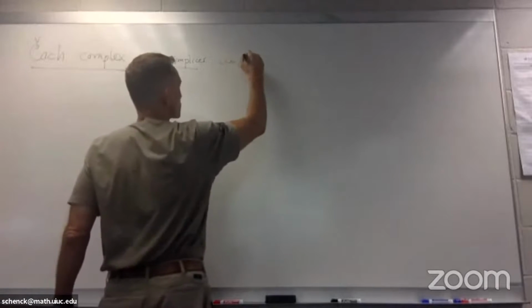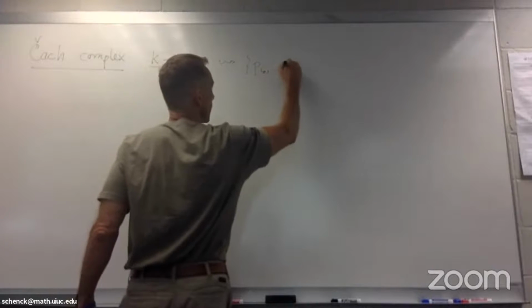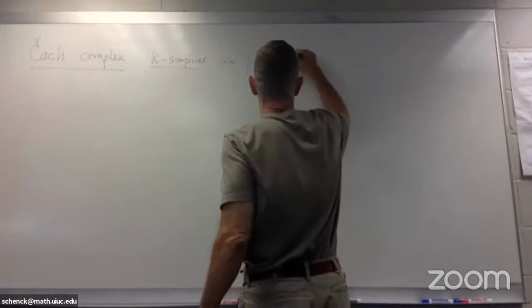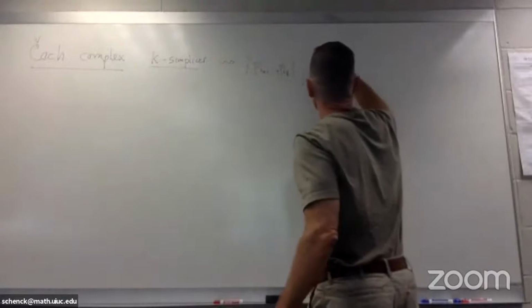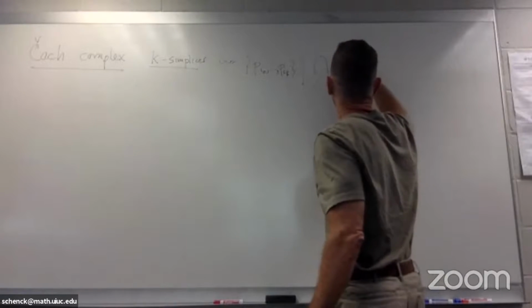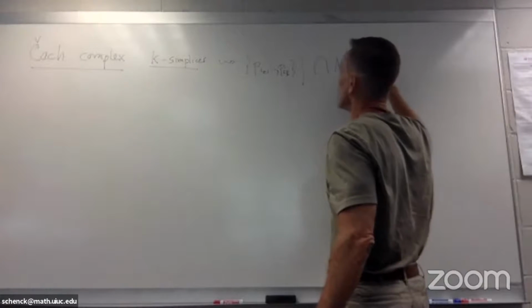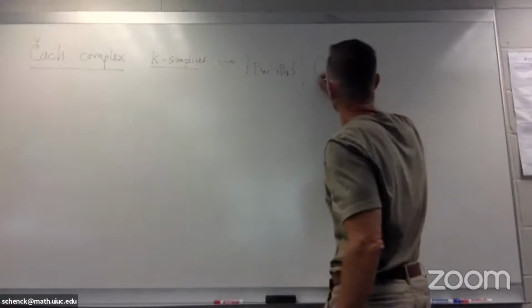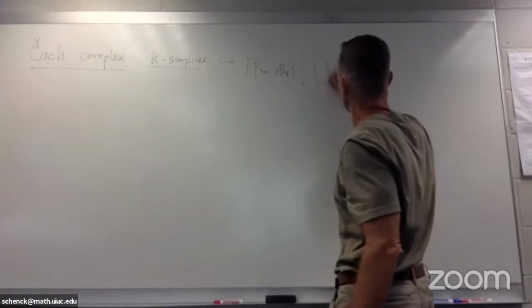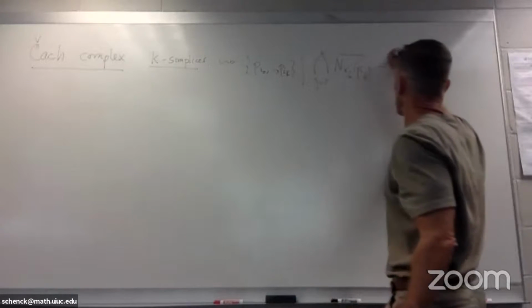If I have a set of points, for every set of points p_i0 through p_ik, so I have a k+1 tuple of points, such that the intersection of the balls B of radius epsilon over 2 around p_ij, j goes from 0 to k, is non-empty.